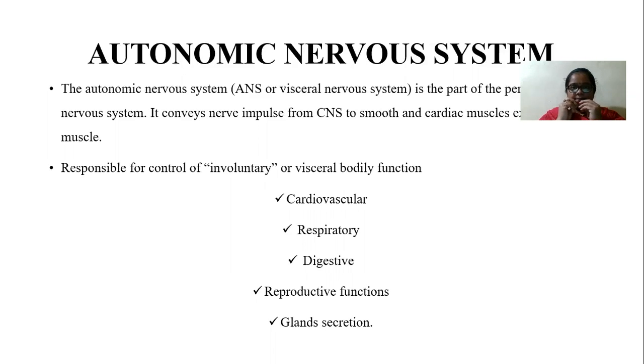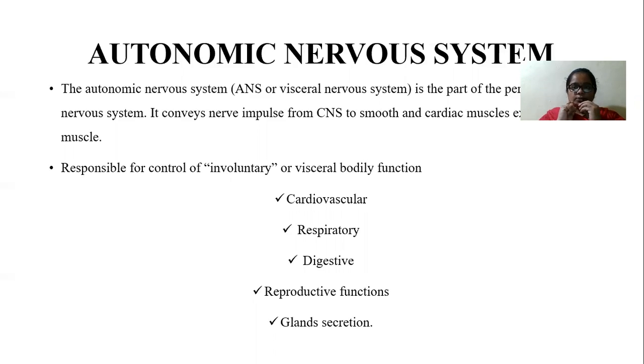So the major topic name is drugs acting on the autonomic nervous system. Before that, you have to know all the basic things of the autonomic nervous system. So today I am going to discuss the anatomical components of the nervous system and the divisions of ANS.